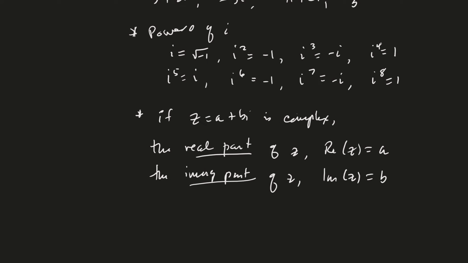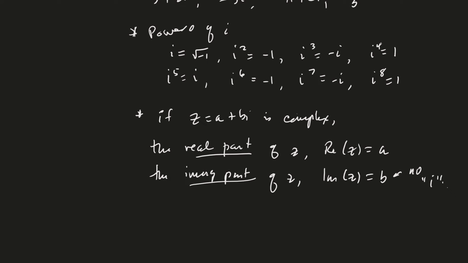And notice that the imaginary part does not contain i. No i. So when we talk about the imaginary part, we're just talking about the real number part of the imaginary number. If that makes sense.